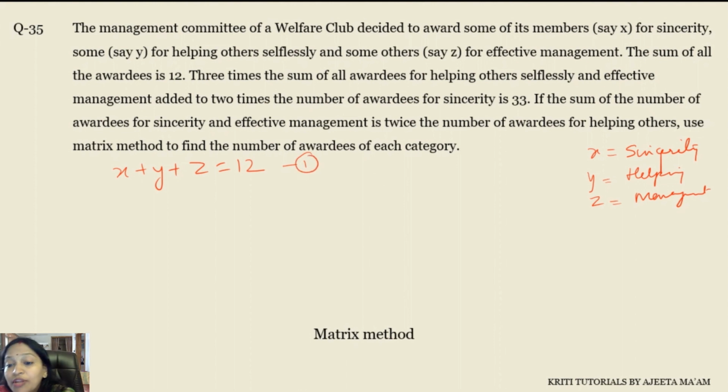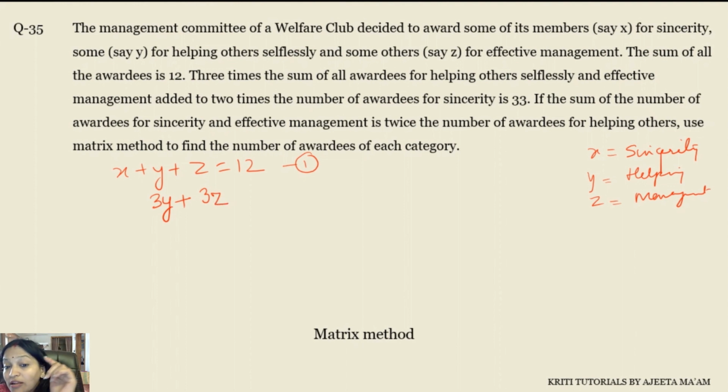Second, 3 times the sum of all awardees for helping others selflessly and effective management added to 2 times the number of awardees for sincerity is 33. So 3 times y, okay, plus effective management. Effective management means 3 times for z also.